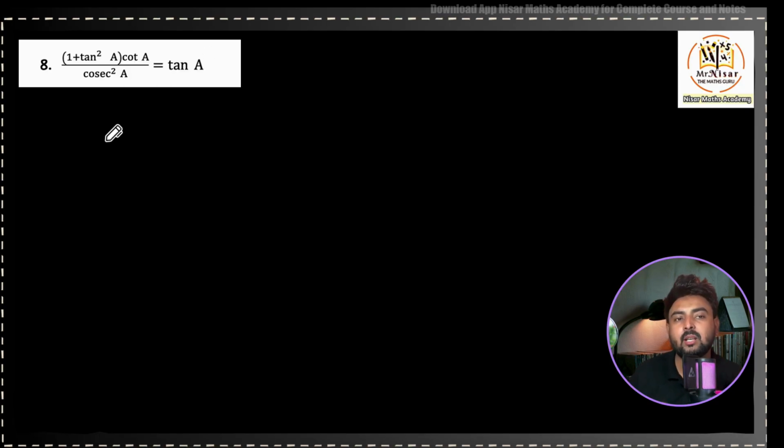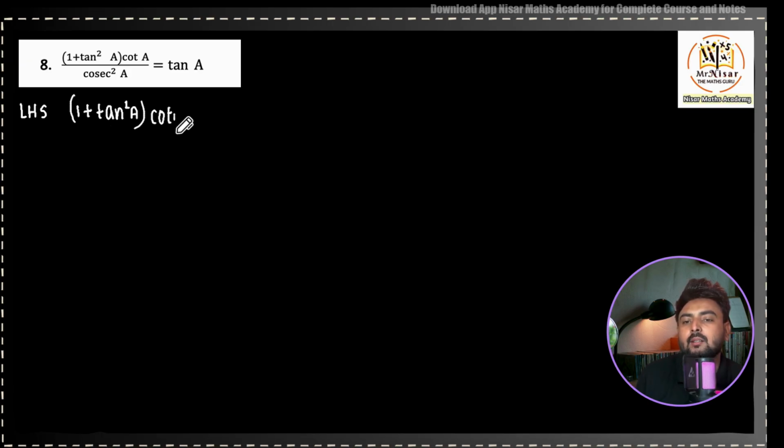The next question we have is 1 plus tan square a into cot a. I'll write it over here. In the left hand side we have 1 plus tan square a into cot a upon cosec square a. This is given to us.